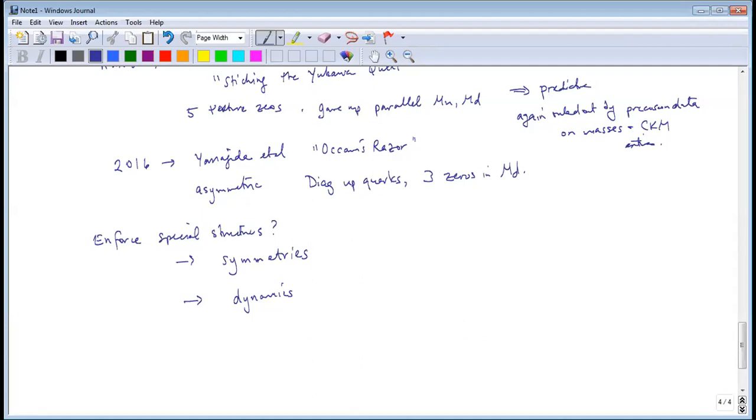Okay, but basically in the setting of effective field theory, symmetries are by far the most common ways to explore how to enforce these structures, and there's generally two types. One of which being particularly important for this problem, and those are the ideas of the horizontal or family symmetries.